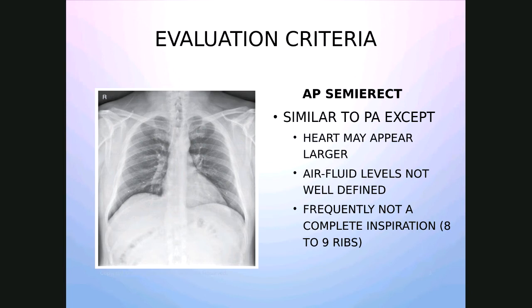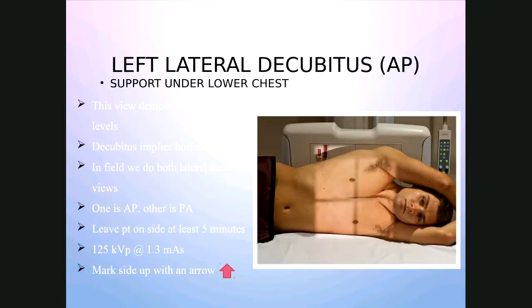All right, now we will look at the next set of specialty views, and these are considered decubitus views. Okay, now on a decubitus view, decubitus implies that there is a horizontal beam.